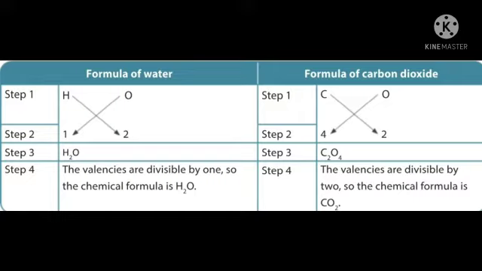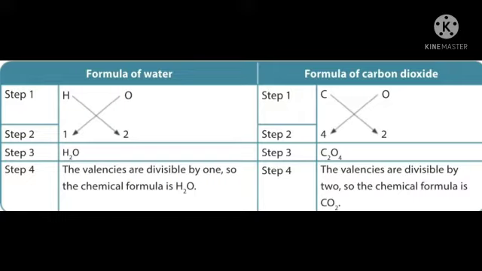In that third step, what they have done there, see, you should cross over the valencies and write them as subscripts. Okay, so the third step is cross over the valencies and write them as subscripts.